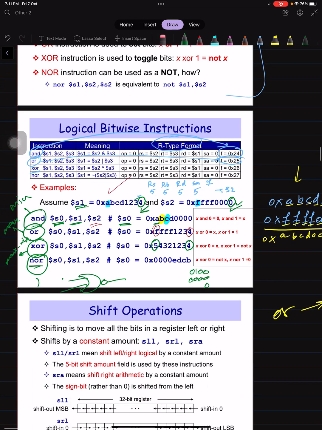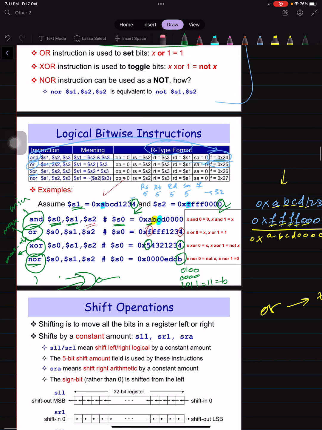So in this case 0 and 0 will give me 1, 0 and 0 will give me 1, 1 and 0 will give me 0, 0 and 0 will give me, of course, 1. And this is actually 1, 0, 1, 1, which is equal to 11, which is equal to B. That's why we have B here.